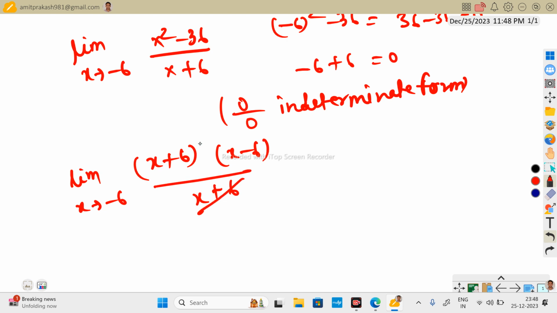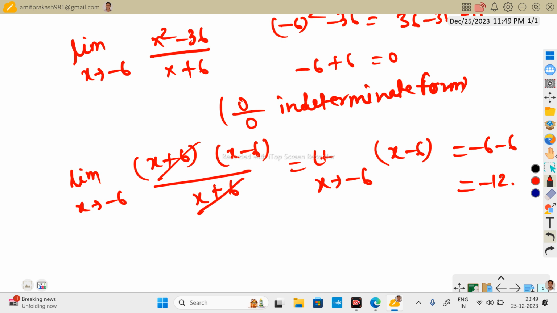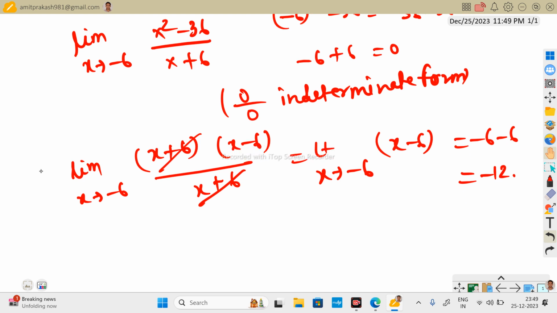So x plus 6 cancels out, and limit x tends to minus 6 of x minus 6 equals to minus 6 minus 6 equals to minus 12. So we have found the limit of the given problem.